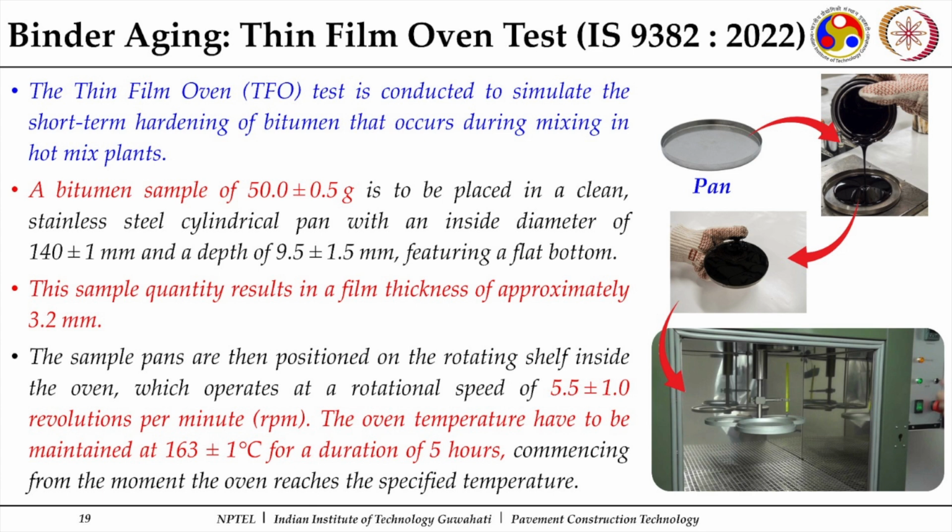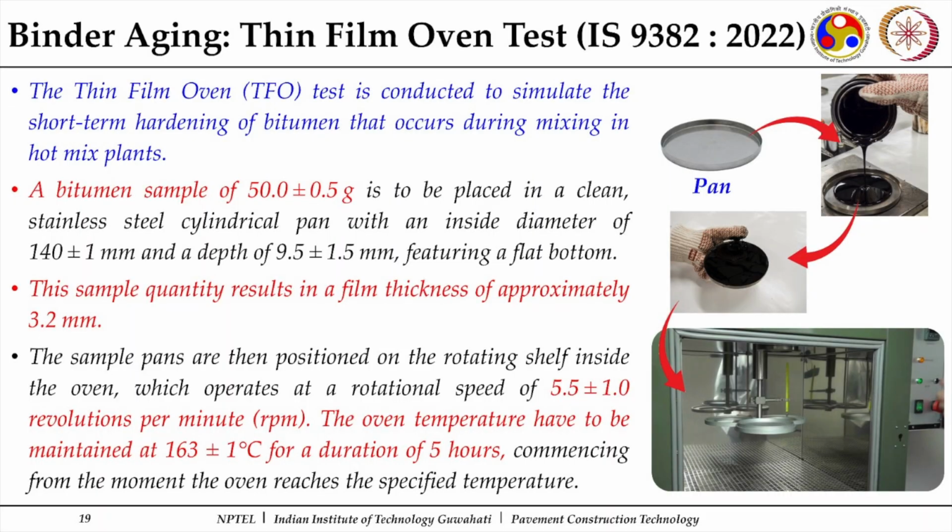You can place 3 such pans in it, and then this rotating shelf moves at a standard speed of 5.5 revolutions per minute, and the oven temperature is maintained at 163 degrees centigrade for a duration of 5 hours. So, with this 5 hours at 163 degrees centigrade and this revolution speed, we are trying to simulate the aging which can happen during the production and construction of the bituminous mixes.